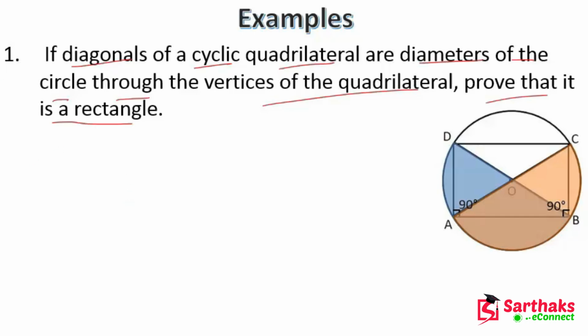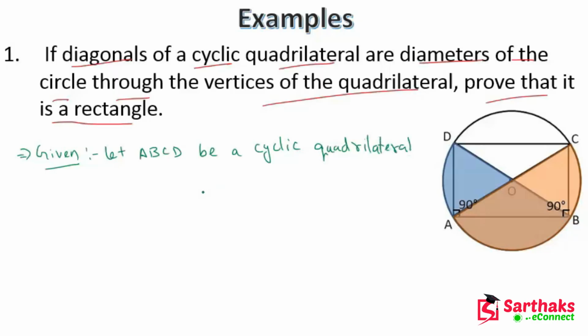Now first of all, we have to write the given part. Let ABCD be a cyclic quadrilateral where diagonal AC, as you can see in the figure, this diagonal AC and the diagonal BD are the diameters of the circle.